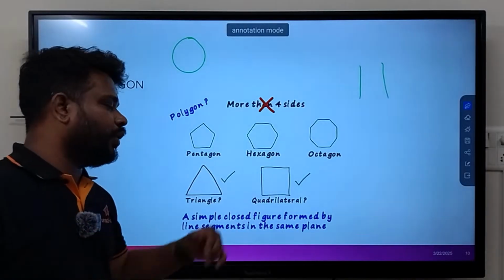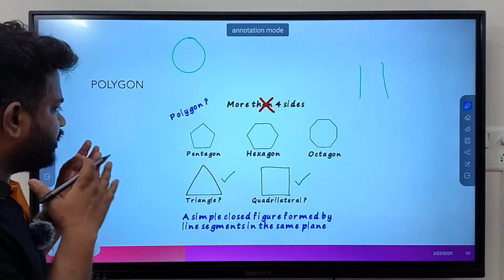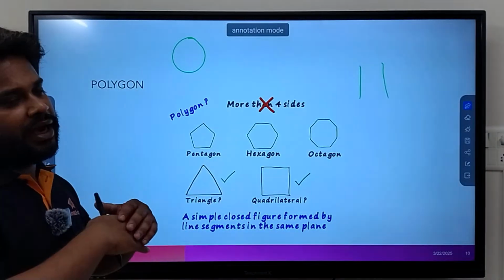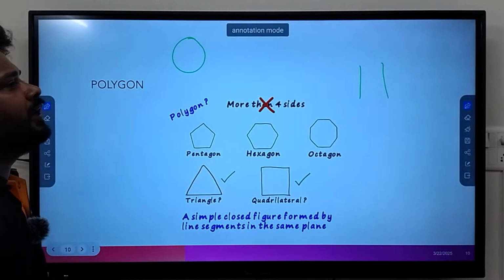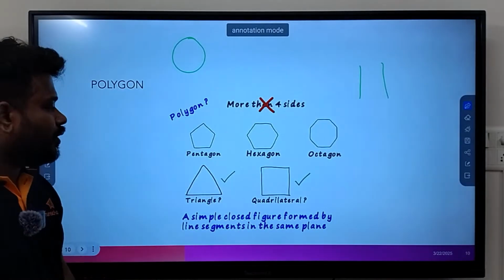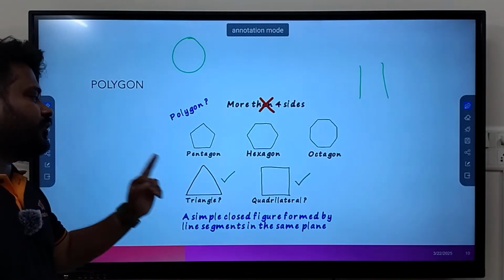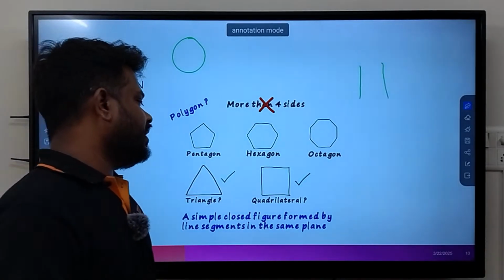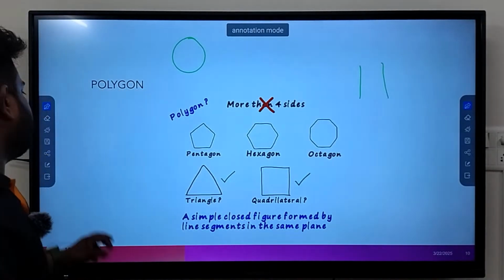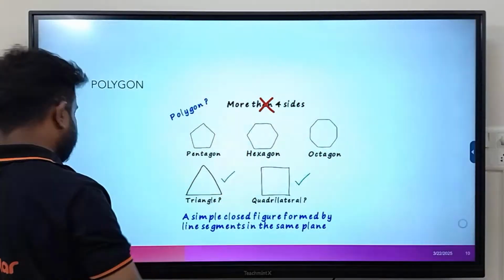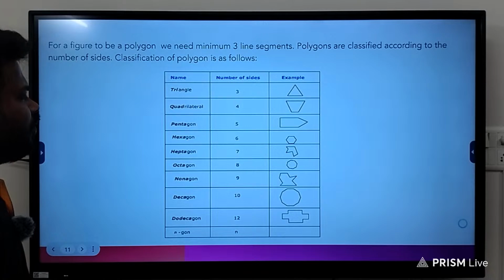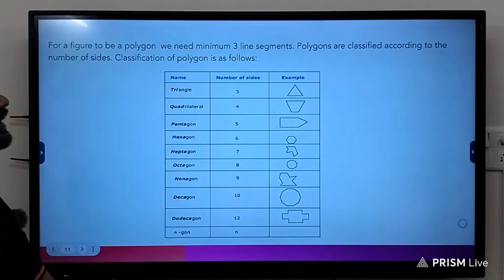And triangle and quadrilateral, they will start from triangle and end in maybe an infinite number of sides can be present in a polygon. The simple closed figure formed by line segments in the same plane will be called a polygon. Okay, let's go to the next point. They have given the examples of all kinds of polygons.